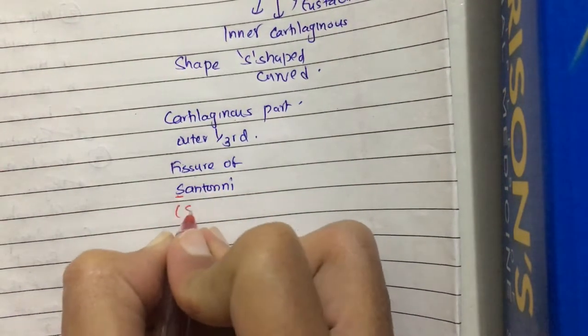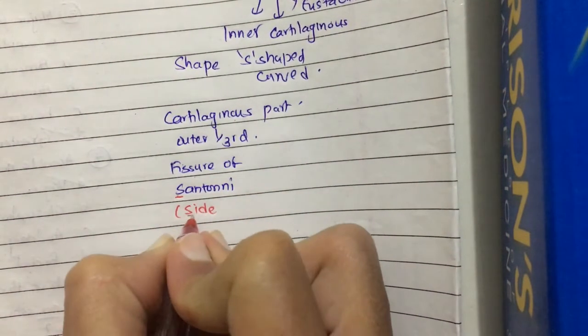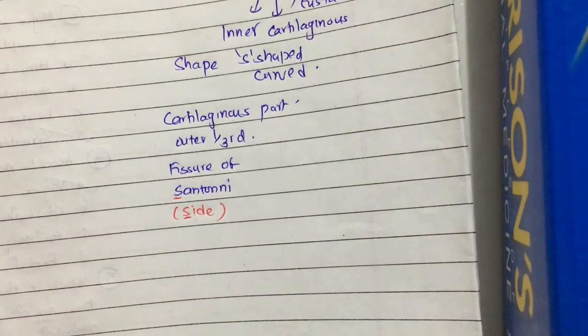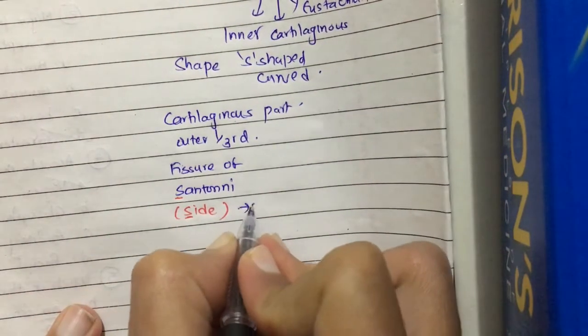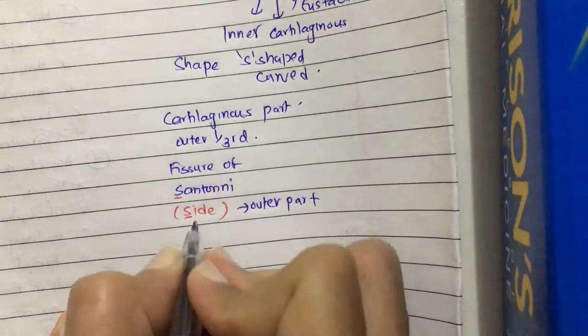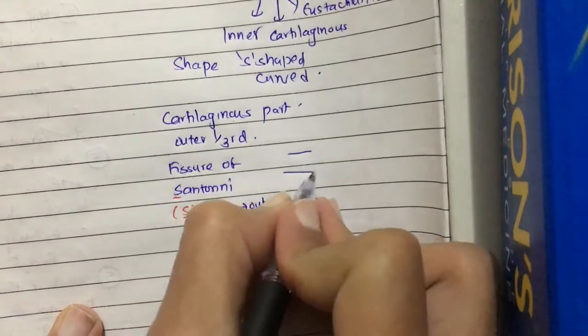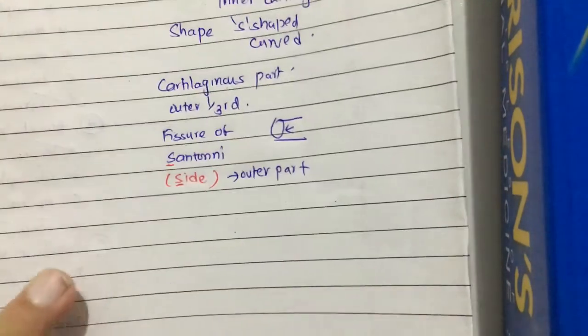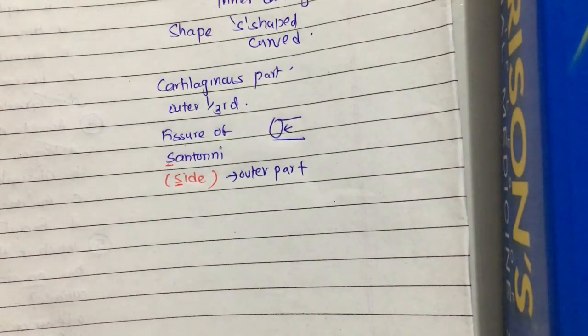So S for Santorini, S for side, that means the outer part. The fissure of Santorini is present in the outer part.